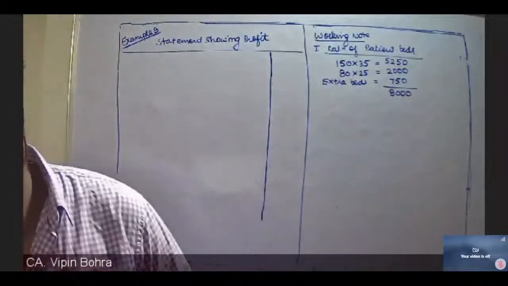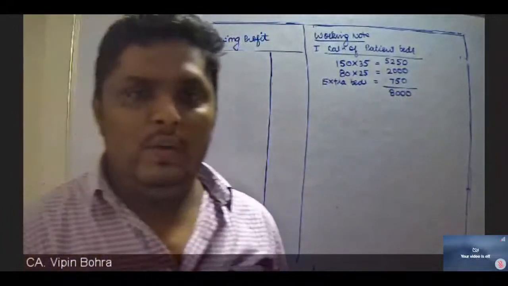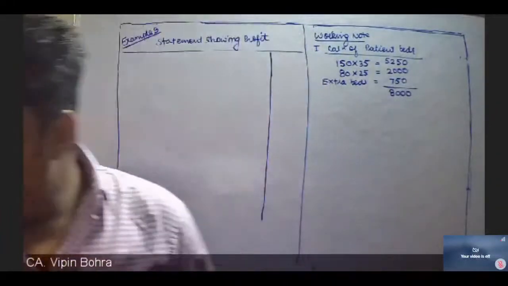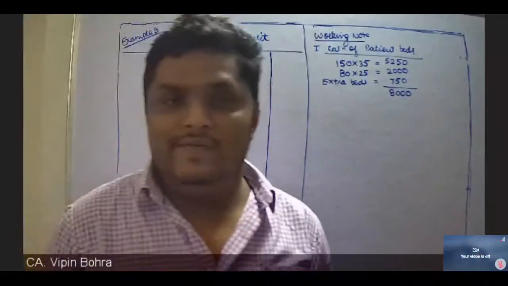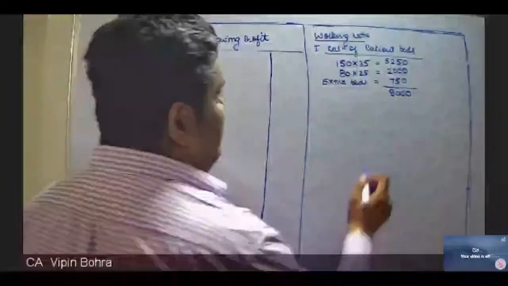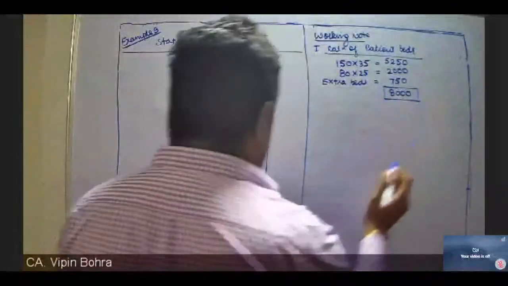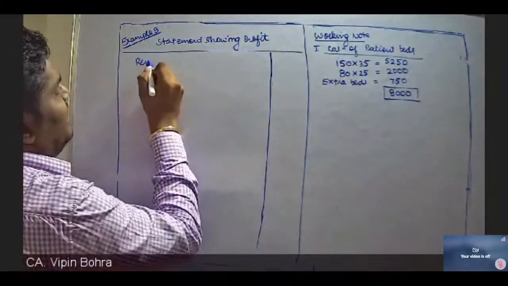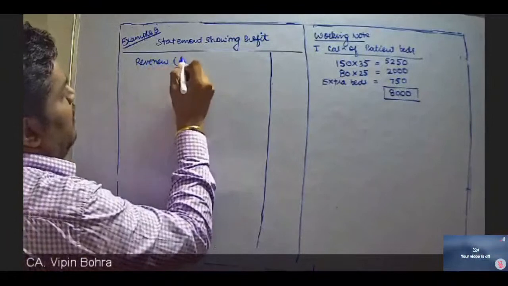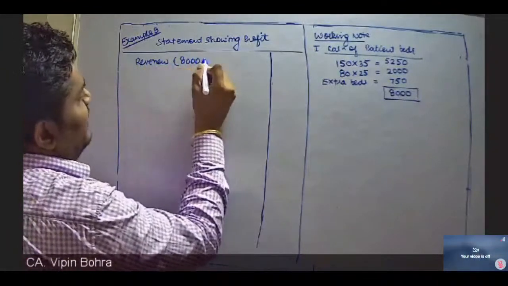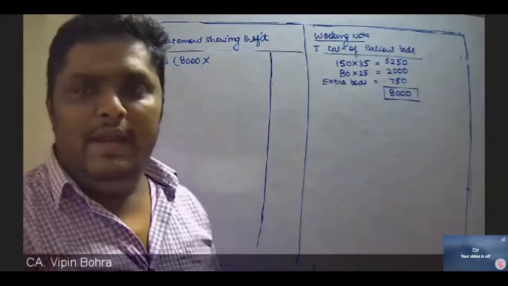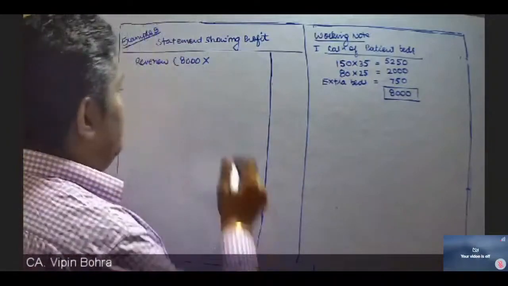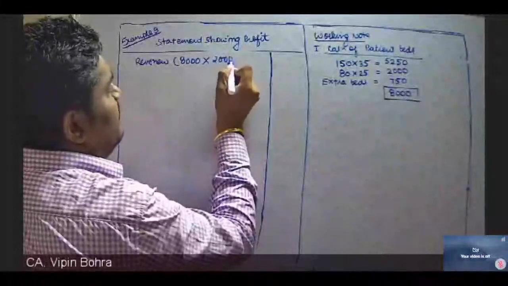Let me check if you have any queries. No queries as such till now. So we have got the total number of patient days, that is 8000. Now the total revenue, how much am I generating? Total number of patient days, 8000, and how much am I getting on an average per patient? 2000 rupees.